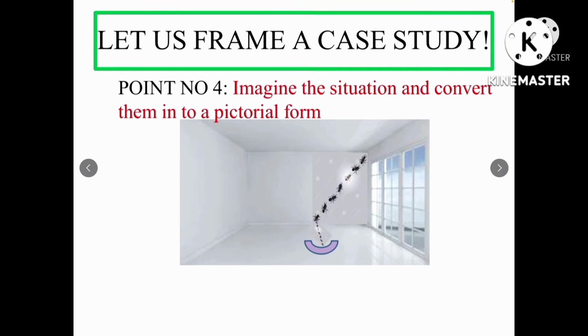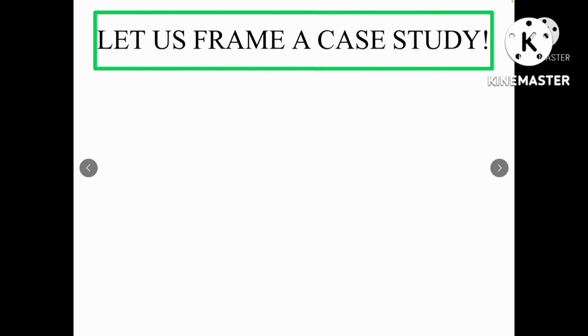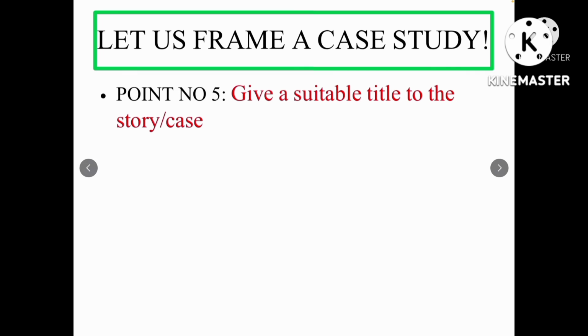Now, point number 4 is imagine the situation, go through the story and convert it into a pictorial form. So my pictorial form is given here. The ants are moving from the corner of the roof to the sweet bowl. Point number 5. Give a suitable title to the story or case.